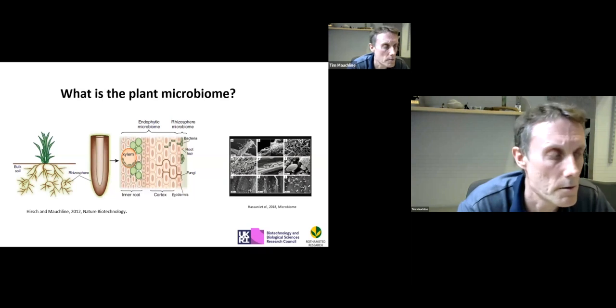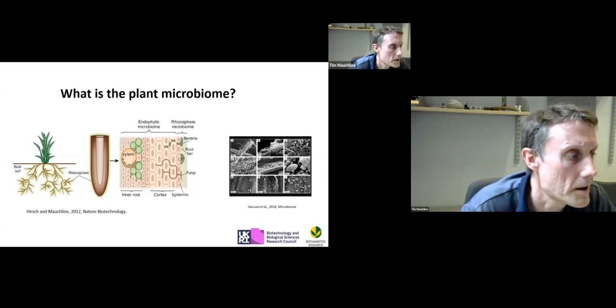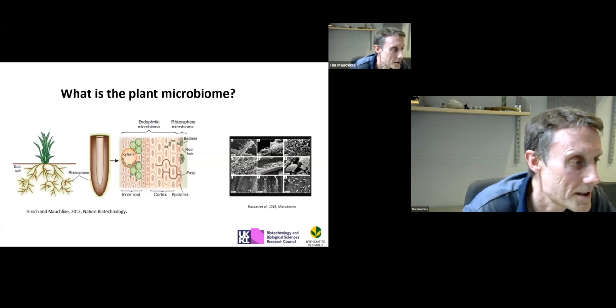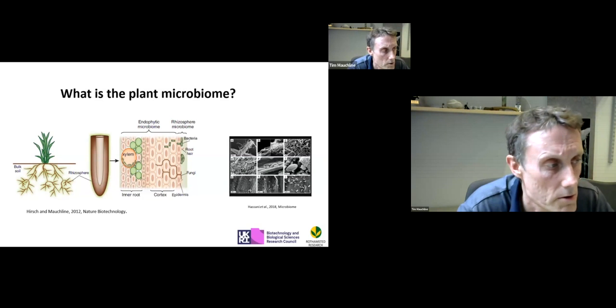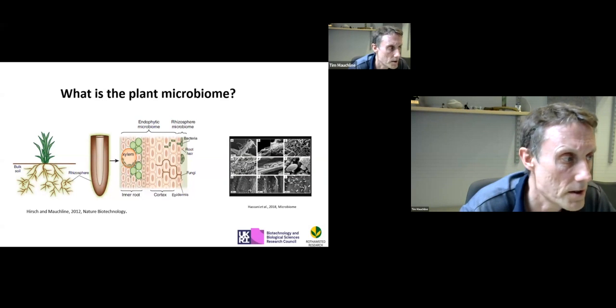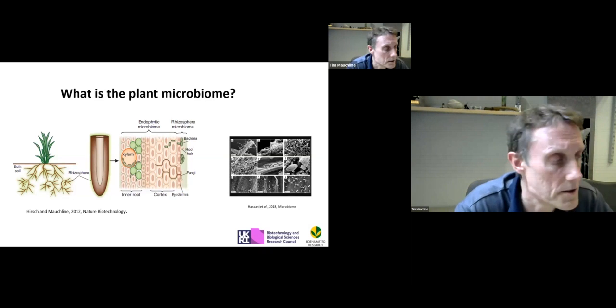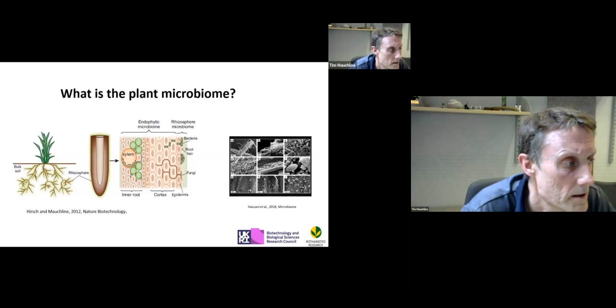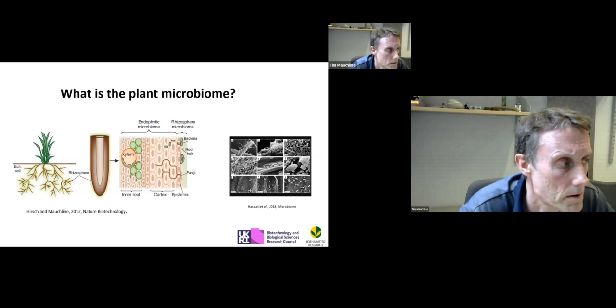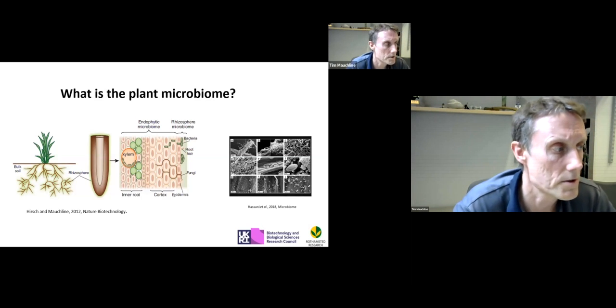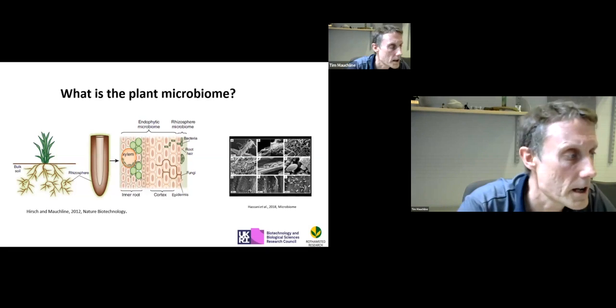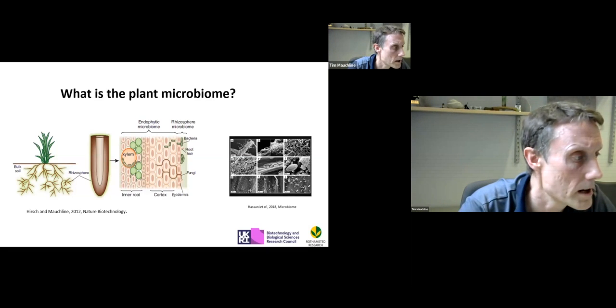So what is the plant microbiome? The way I like to describe it is the complete microbial community that's associated with the plant. We can divide this into above ground and below ground components. In terms of the above ground components, we can think about the phyllosphere mainly, which is the microbes associated with the actual tissues that are above ground.